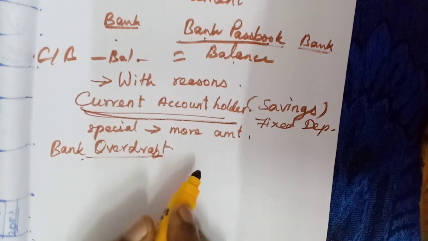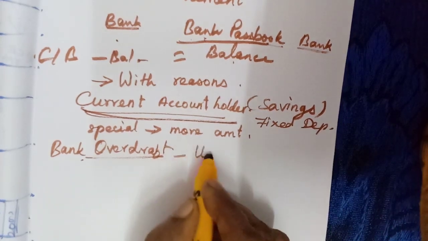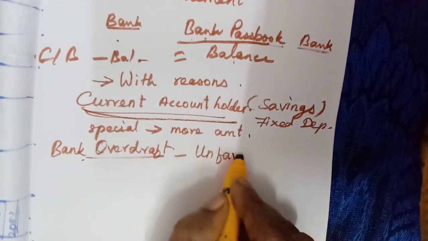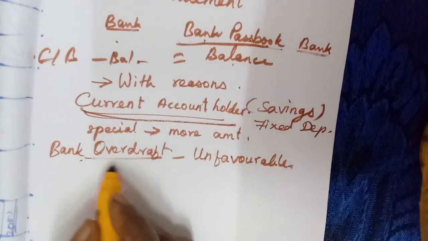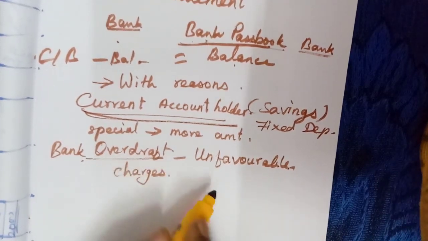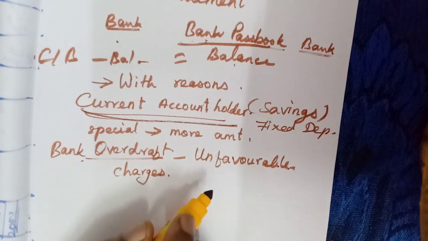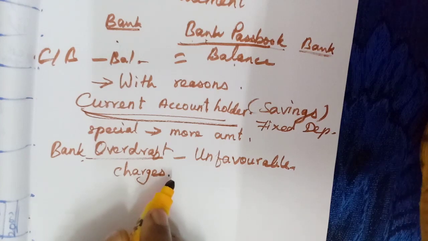Whether it is a favorable balance or unfavorable balance, we can say it is an unfavorable balance. We need to pay charges for this also. The bank will charge monthly or half yearly for the amount that they have given more than what is available in our account. That is called bank overdraft.